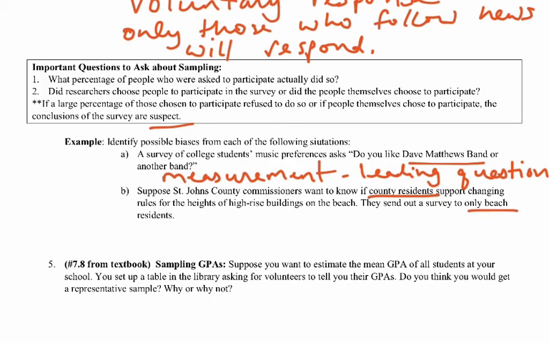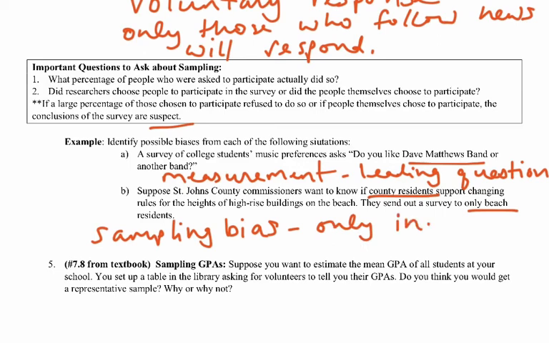Why would this be problematic? Well, this is a sampling bias, clearly. If we want to know the opinion of everybody in St. Johns County, but we only ask people who live at the beach, we're not covering all of St. Johns County. So we'll say this is a sampling bias, and it only included beach residents, or one portion of the county.